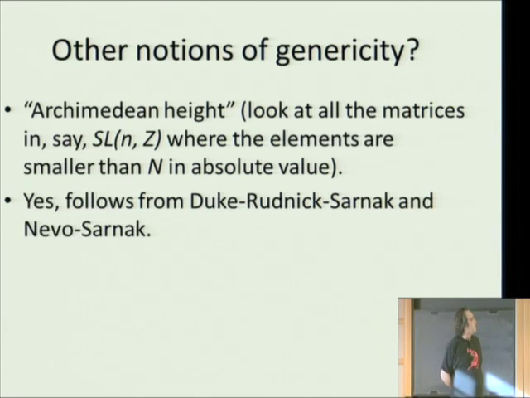All right. So what other notions of genericity are there? Well, there's the Archimedean height. So you look at all the matrices in SLNZ where the elements are smaller than n in absolute value, and there, to use these methods, initially I was trying to use Duke, Rudnick, and Sarnak's paper, but it doesn't have quite enough information because you want to have a result for different congruence subgroups, but independent of P. You want bounds which don't depend on P. And this can be found in Nevo and Sarnak's paper, which at the time I was writing was a preprint, but now may have appeared.